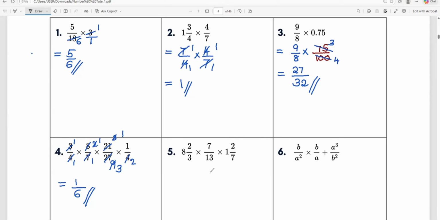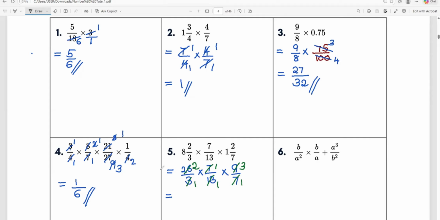Fifth one, again there are 3 fractions. 2 are mixed numbers. So first of all, we have to convert them into improper fractions. 8 times 3, 24. 24 plus 2, 26 over 3. Times 7 over 13. 7 times 1, 7 plus 2, 9. 9 over 7. 7 and 7 can cut. 7 times 1, 7 times 1. 3 and 9, 3 times 1, 3 times 3. 13 and 26. 13 times 1, this is 13 times 2.